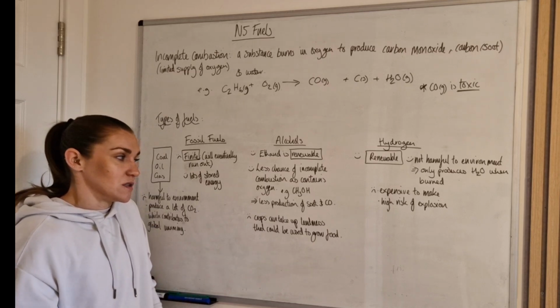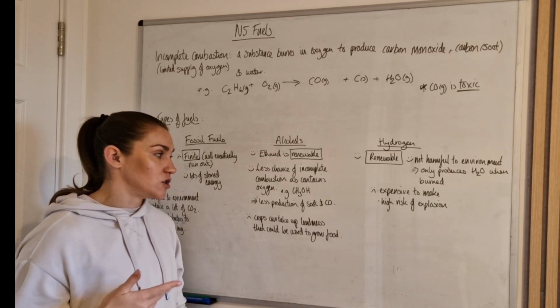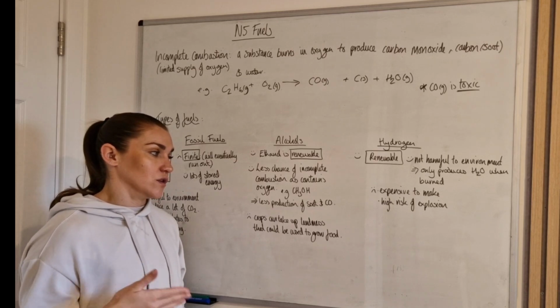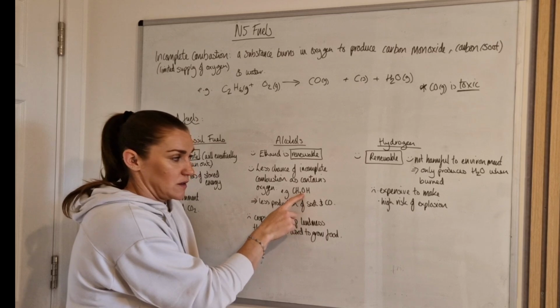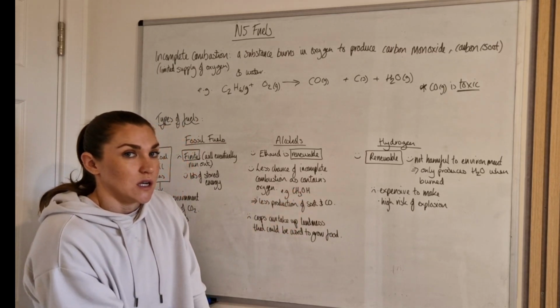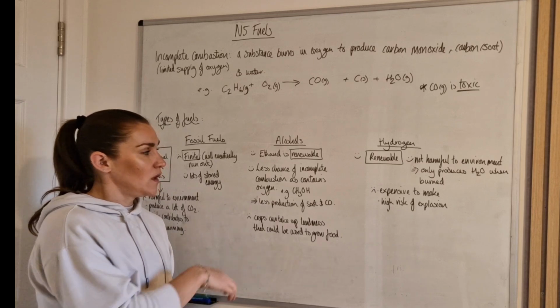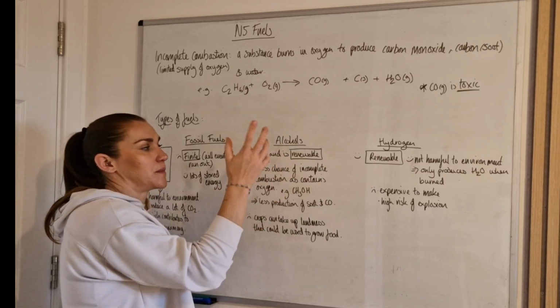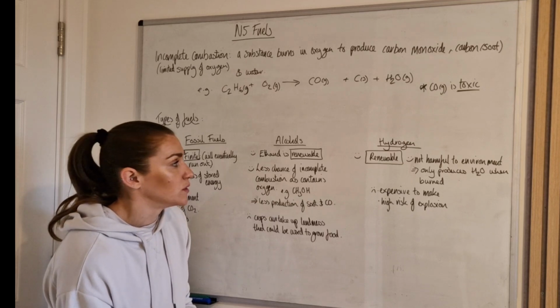What that really means is that they're less likely to undergo incomplete combustion, so there's less chance of soot and carbon monoxide being produced. And it is because, like I said, the molecules themselves have oxygen atoms in them, so you need fewer oxygen atoms coming from the air. The other one that's a positive, but this only really applies to ethanol, is that ethanol is renewable.